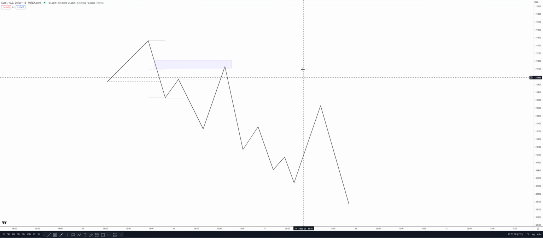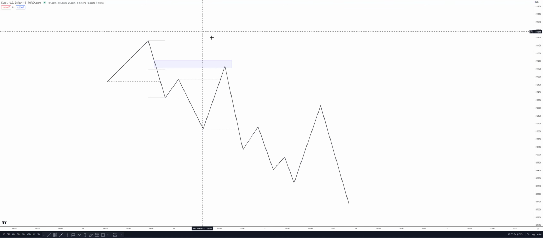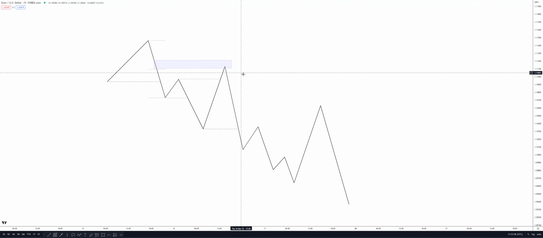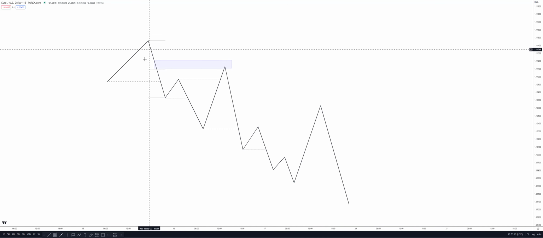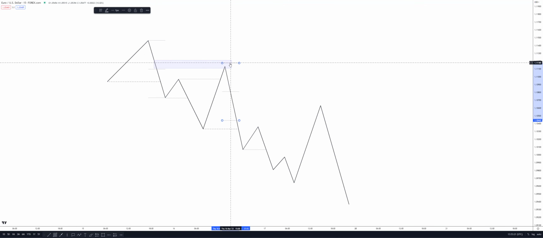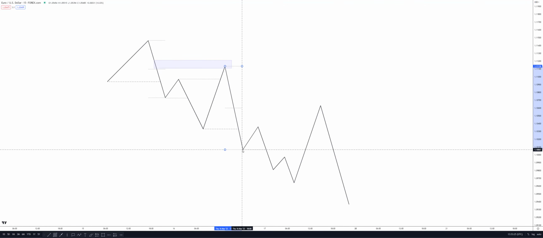If you get a setup in there, it's a high probability to go in your favored direction. So as price continues down here, what you can see is again a failure to mitigate the premium.